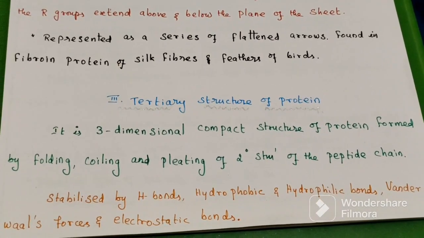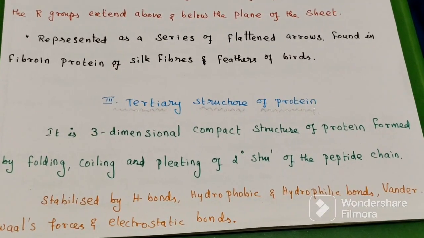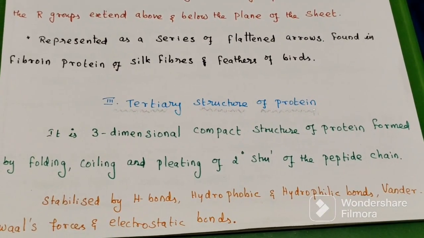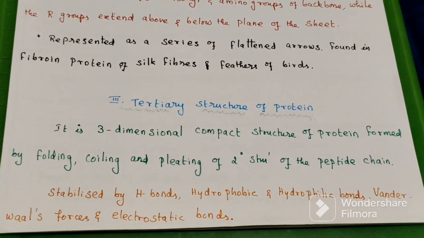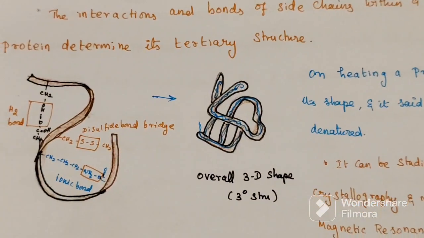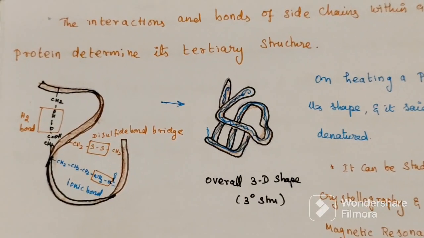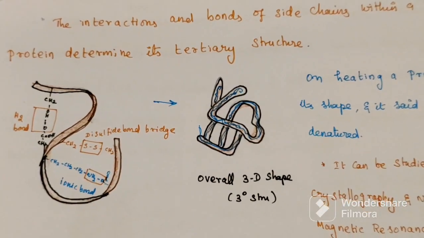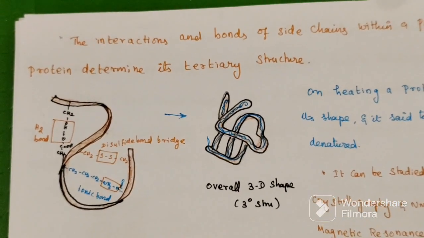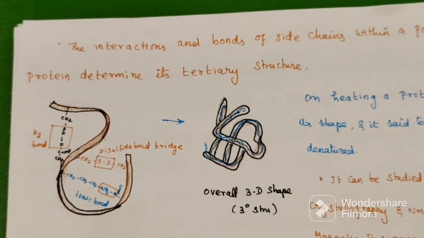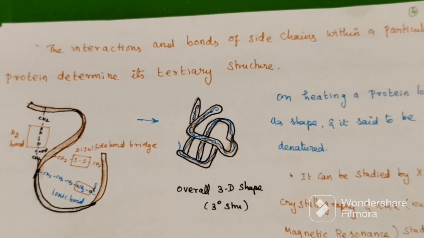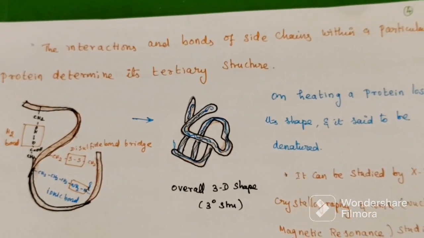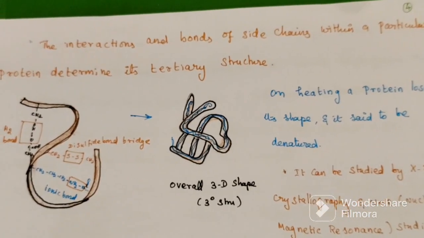Now these interactions and bonds are found between the amino acid side chains. So the amino acid side chains either attract or repel, and this leads to a stable tertiary structure.